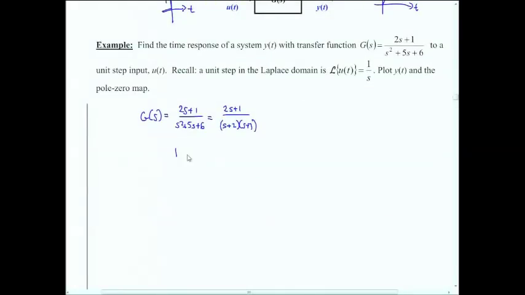So I have 1 zero at, what? At s equals what? Negative a half, that's right. I could have factorized this, I suppose, into something like 2 times s plus a half.